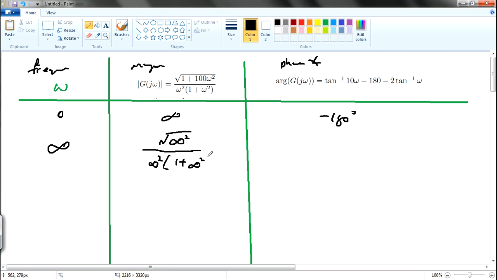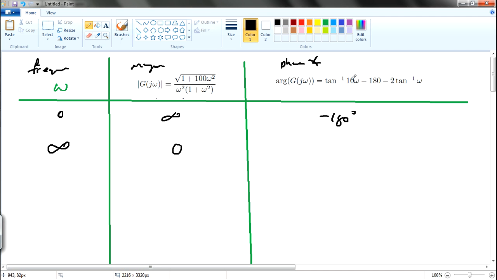So as you can see, the order of the denominator is much larger than the numerator. Therefore, 1 divided by infinity, a very large number, equals what? 0. So therefore this is 0.